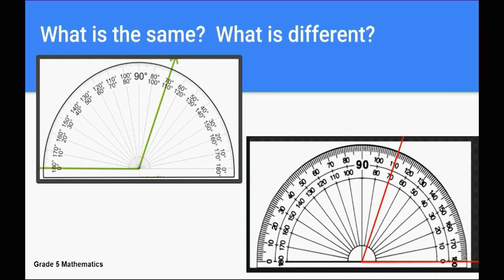Take a moment to look at these two protractors. What is the same about them and what is different? Did you notice that both the green and red angles fall on the 70 and 110 degree mark?